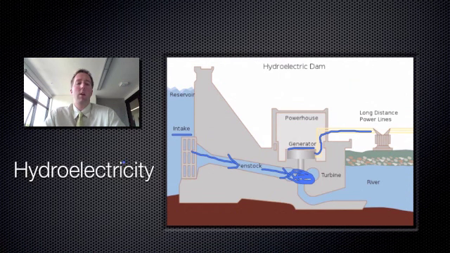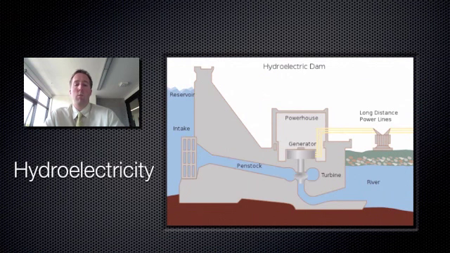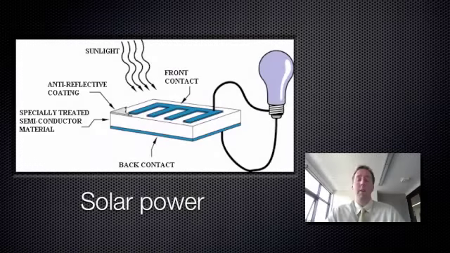So hydroelectricity, hydro meaning water, so water generated electricity is made by shooting water down to a turbine to spin the turbine to power a generator to make electricity. And then of course all the extra water just goes back into the river, and it's a really great way to make electricity.